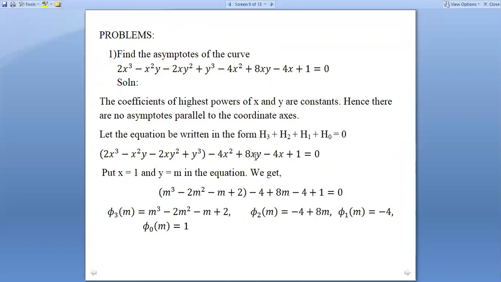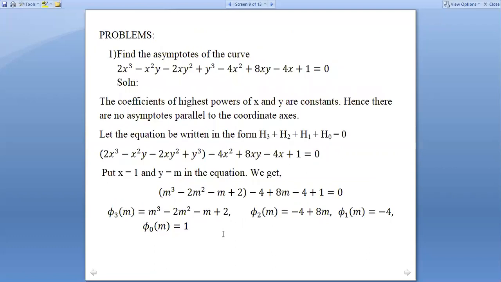Phi3 of m is nothing but corresponding to h3, so that will be m cube minus 2m square minus m plus 2. Next, phi2 of m is degree 2, so you will get it as minus 4 plus 8m. And phi1 of m is nothing but just minus 4. And phi naught of m is the constant, and that is equal to 1.